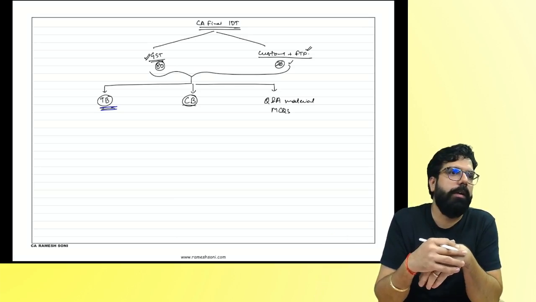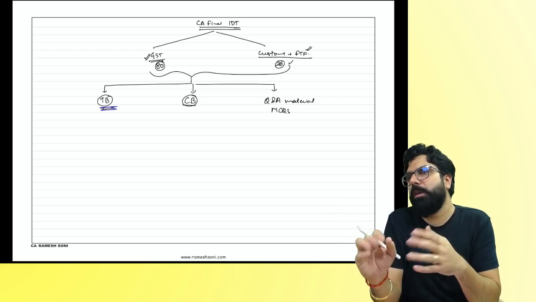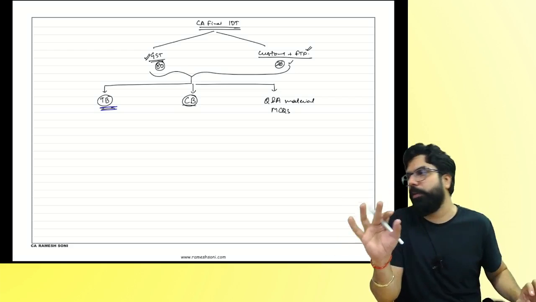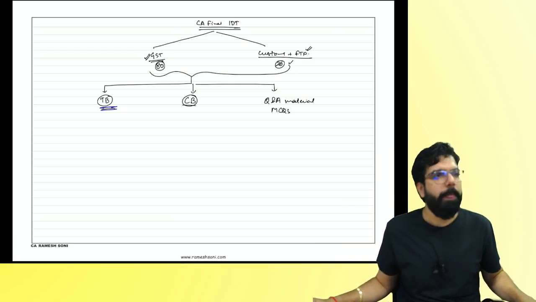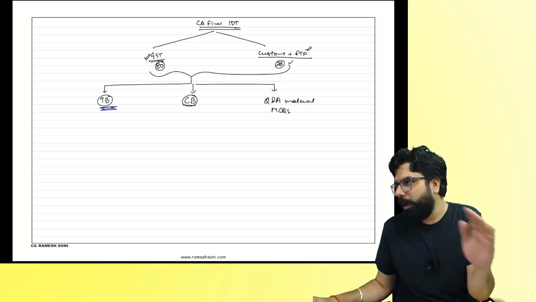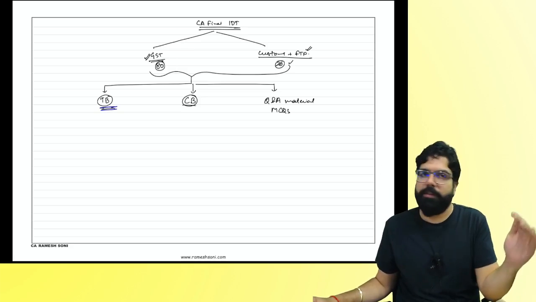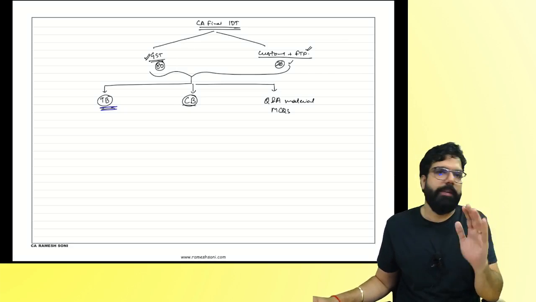We have compressed it, and I have made it an approximately 620-625 page textbook. In that, whatever is there in the ICAI material, everything has been covered as per your ICAI only. So don't worry about it. You don't have to go and read the ICAI material again.